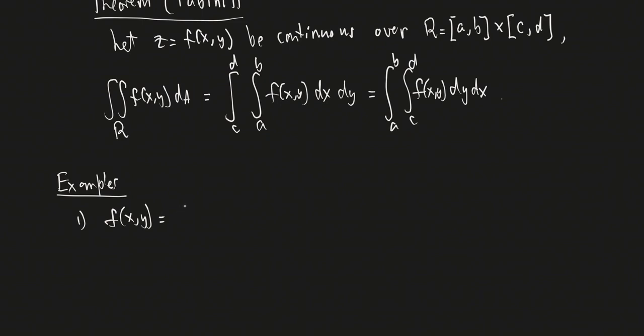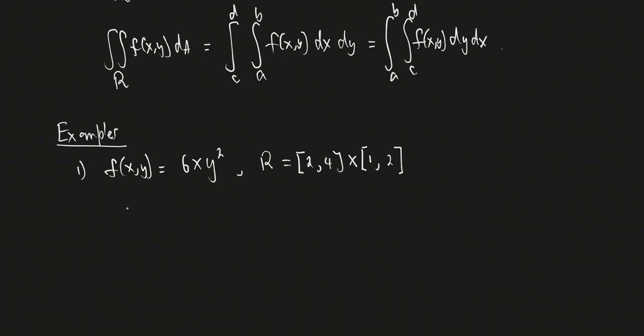So let's say the surface is 6xy squared, right? And let's say our rectangular region is, and again, I'll use this notation, [2,4] crossed, or really it's the Cartesian product, with the interval [1,2], right? And what we want to be able to do is evaluate the double integral of this surface over this region.